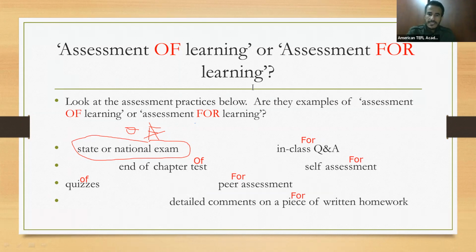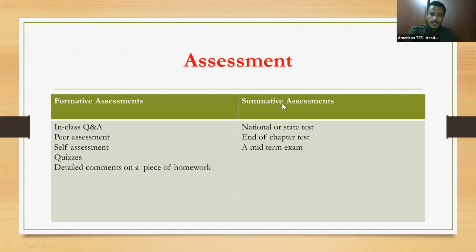great. So let's see here. One second. So look here. Here for formative: in class questions, peer assessment, self-assessment, quizzes, detailed comments on a piece of homework. Why? Because all these take place during the course. It's ongoing, every time.